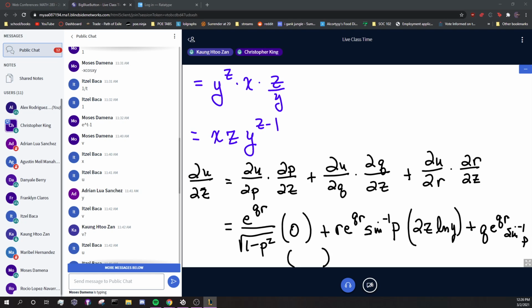Negative 1 over square root z. Negative 1 over z squared. Oh, it's z squared, my bad. Okay, so it would be negative 1 over z squared. All right. Any questions?